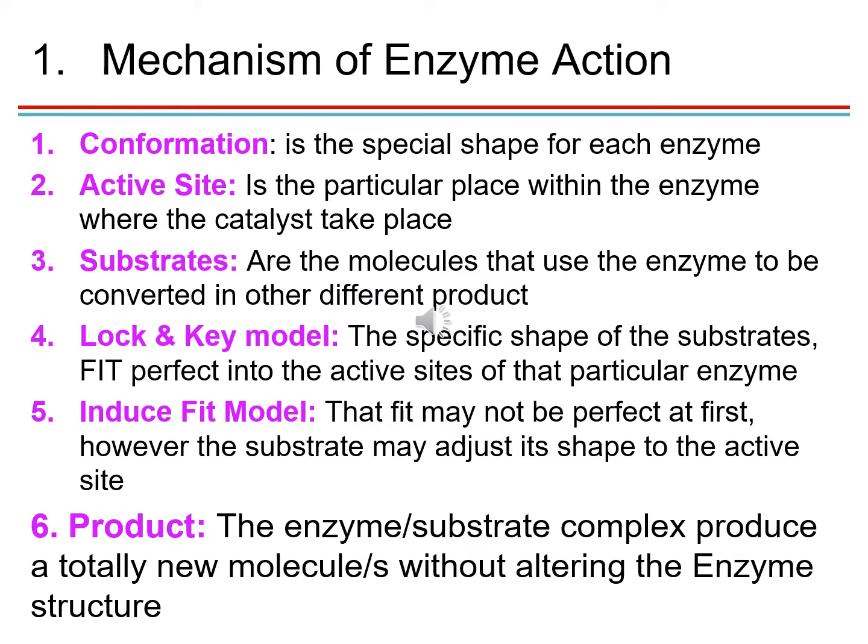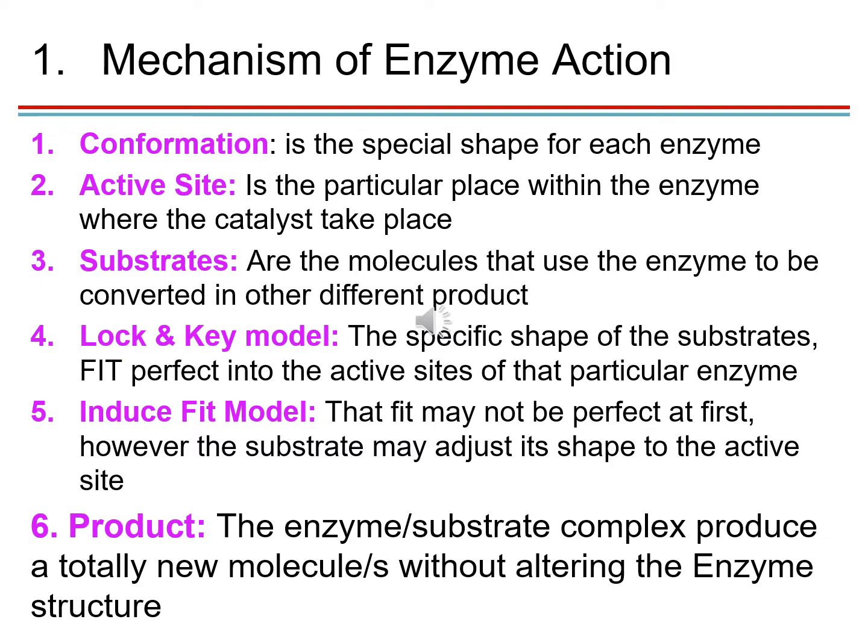The enzymes also have different characteristics that are common to all the different enzymes we have in our body. They have a conformation. They have a special 3D shape for every single enzyme we have in our body.